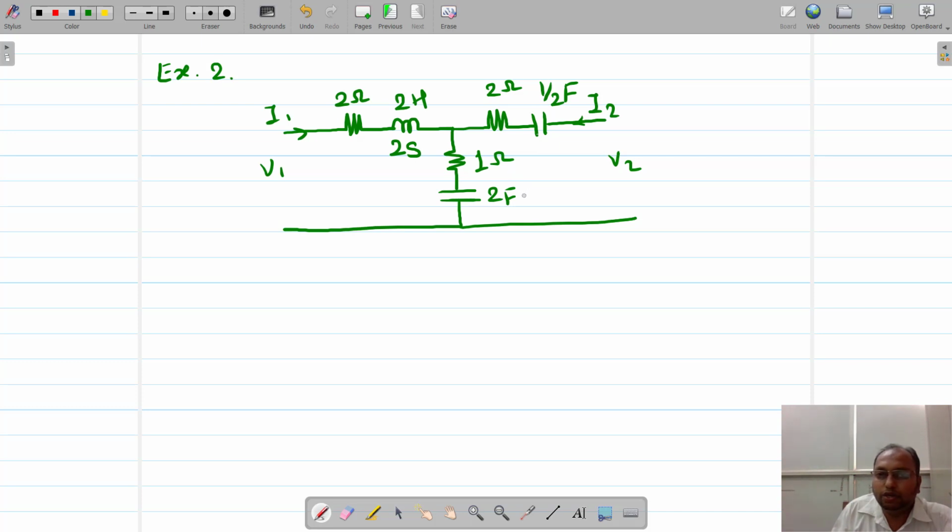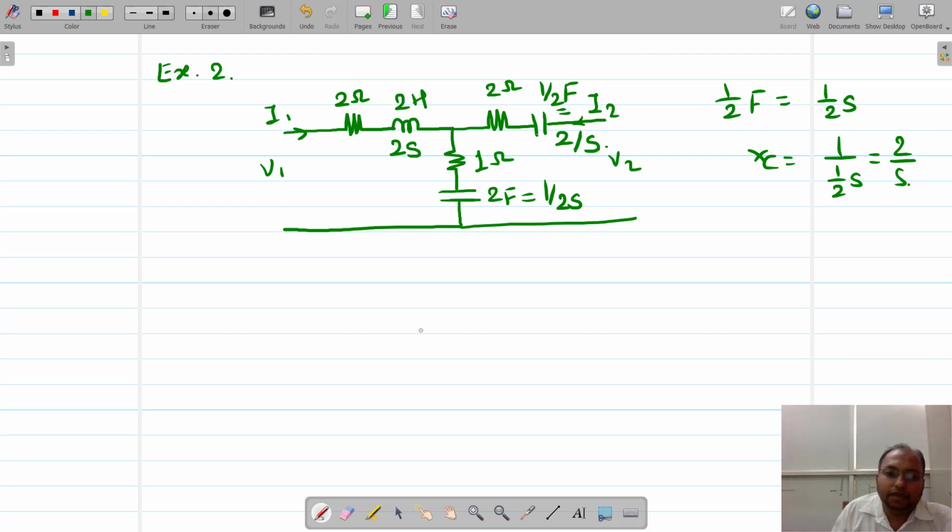The half farad will be represented with half of S, and XC is nothing but 1 upon half of S, which is this 2 coming into the numerator and S as it is. So it is nothing but 2 by S. Are you getting it? Great.